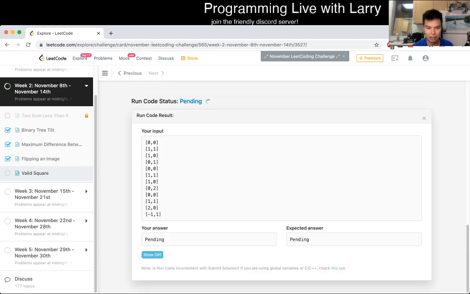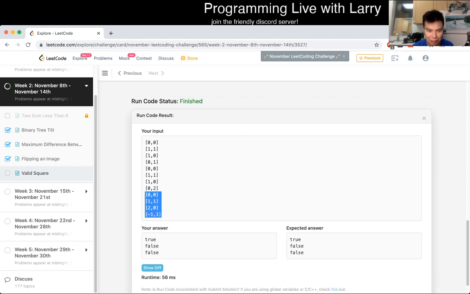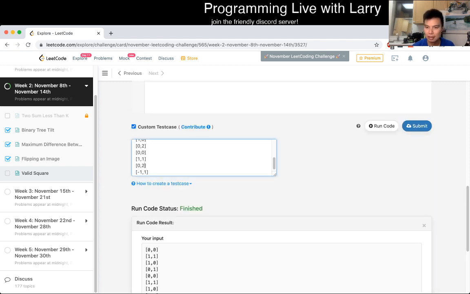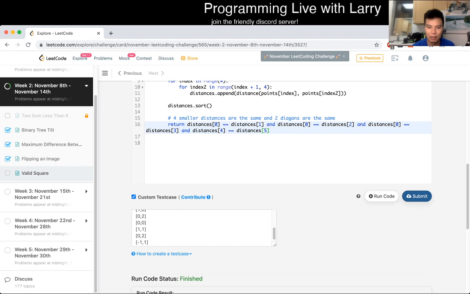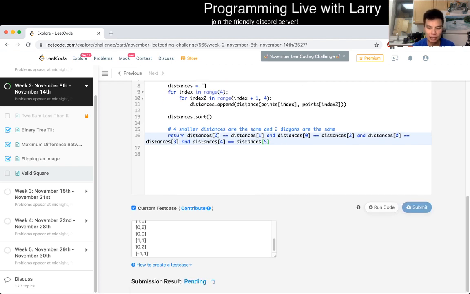That should be true. This is a diamond, I think. Maybe my diamond is drawn incorrectly though, oh, this should be 0, 2. Whoops. And you could draw these out. That's the beauty of these problems, is that you could make up your cases and then verify if they're right without needing the tester. I'm gonna give it a submit.